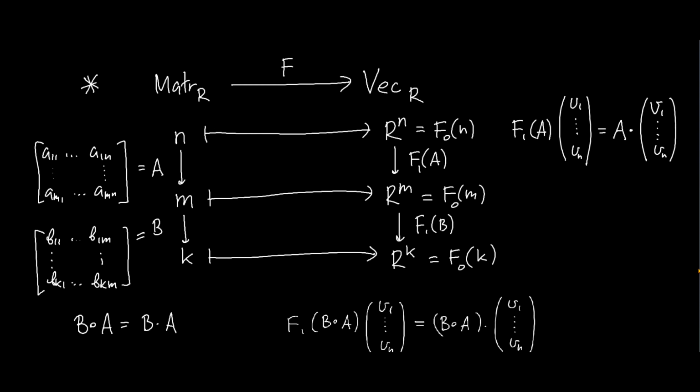So in Vec we regard, for example, R3 and the vector space of second-degree polynomials as different vector spaces. Okay, understood.